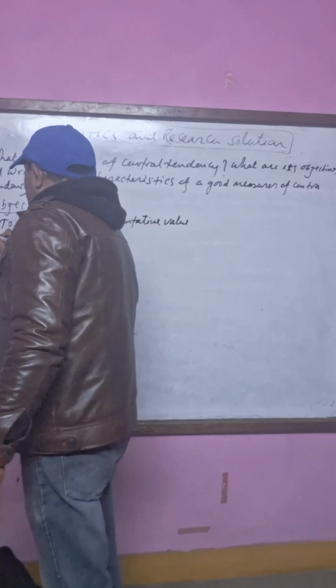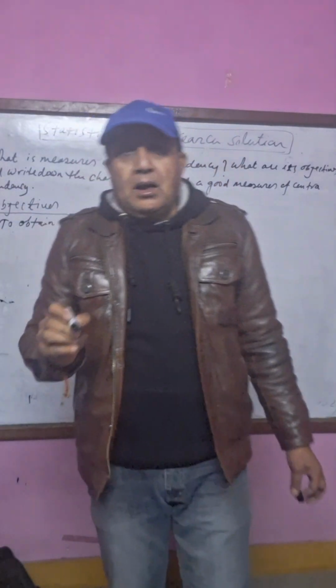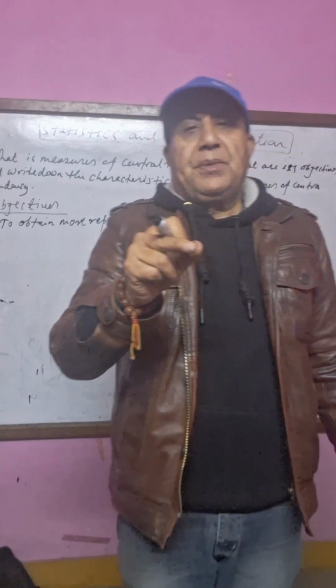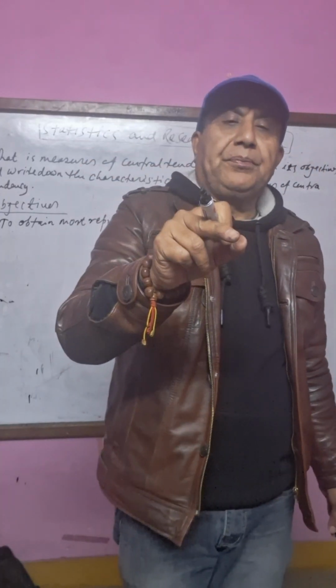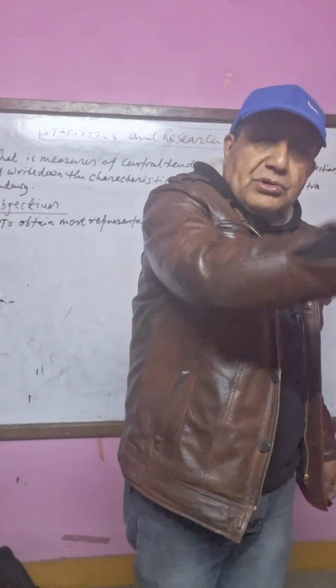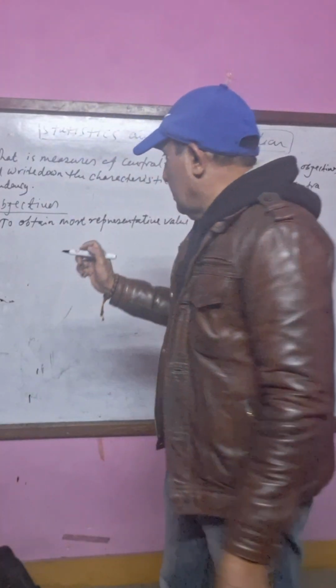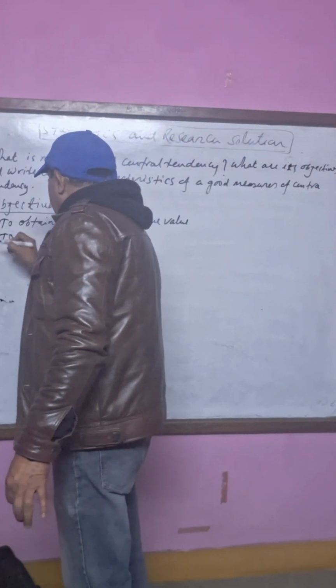One objective is this one. Most representative means that value which represents most of the values. That is the most representative. And to obtain the central value.